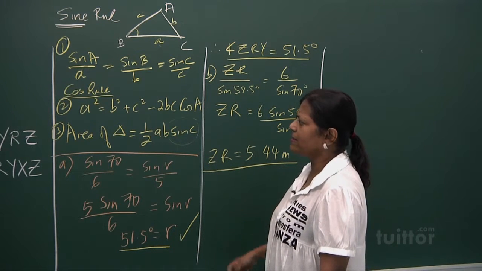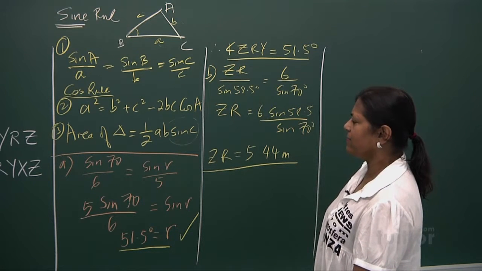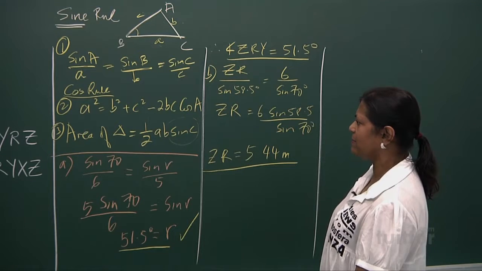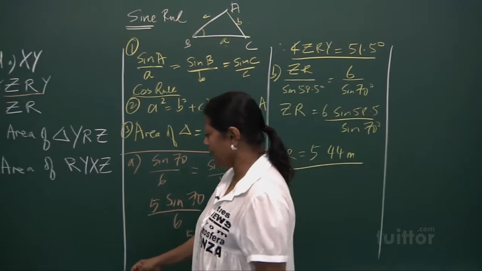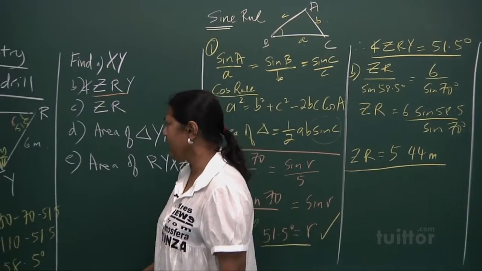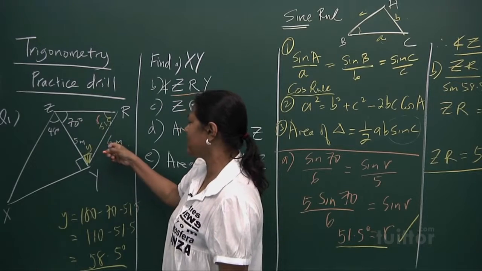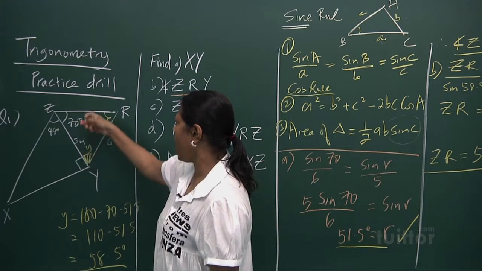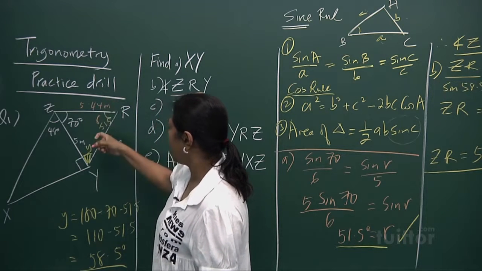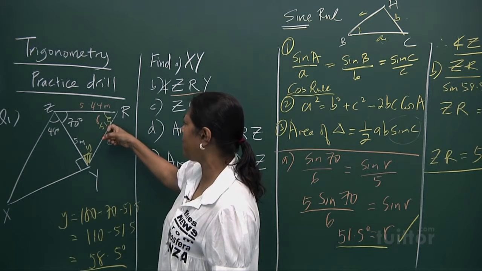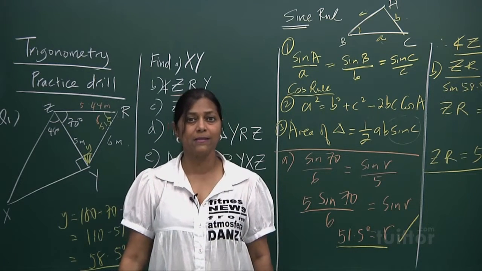If you look at the sum, if 70 degrees is facing 6 meters, your Y is 58.5 degrees, facing 5.44 meters, and this is only 51.5. That's why it's facing the smaller side.